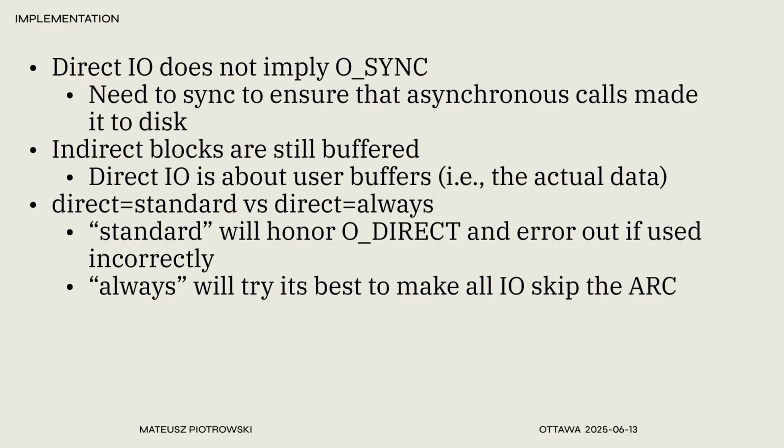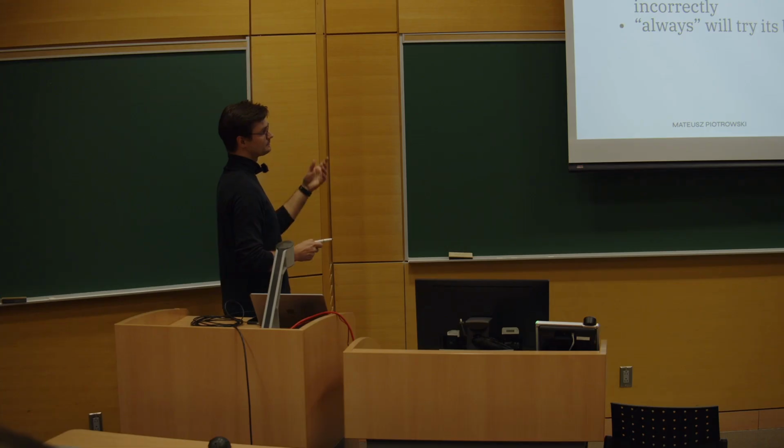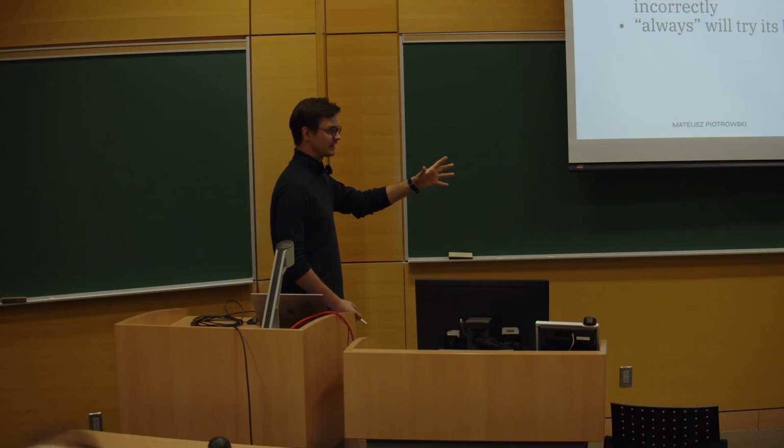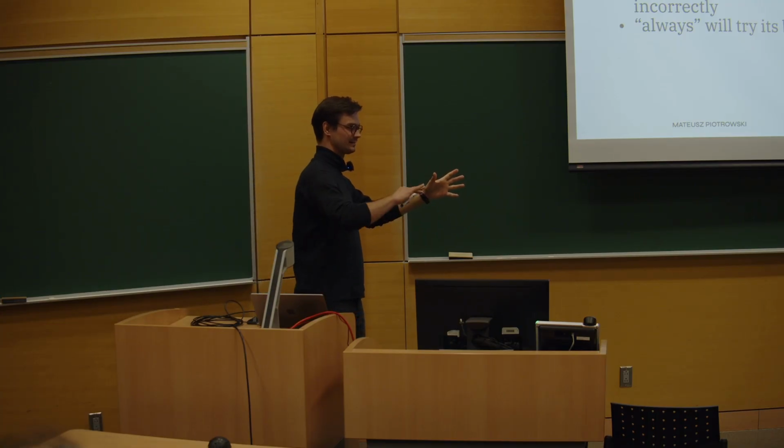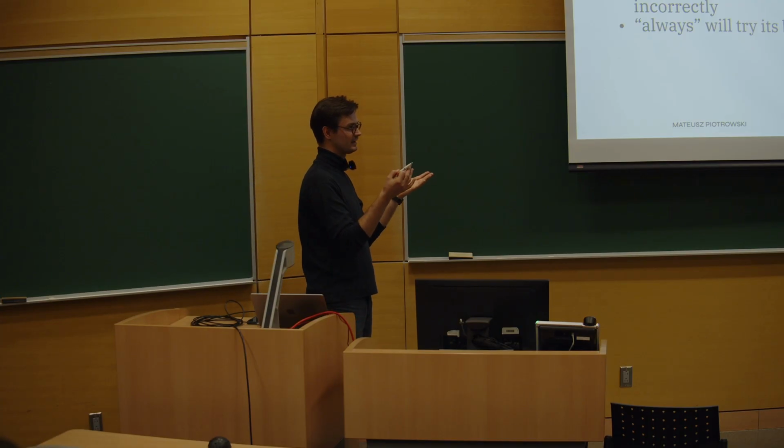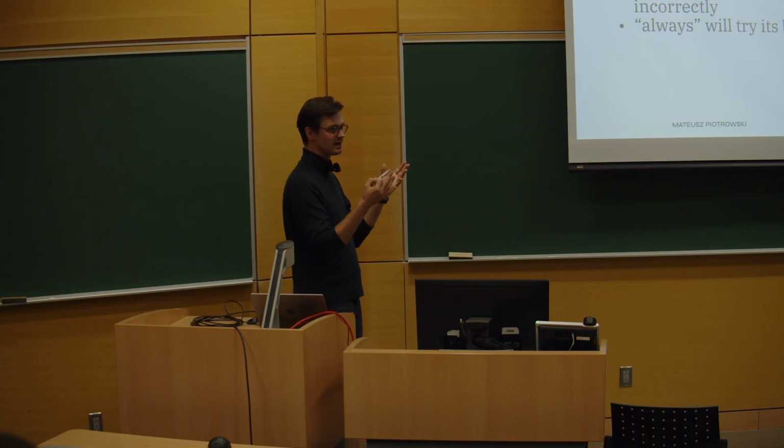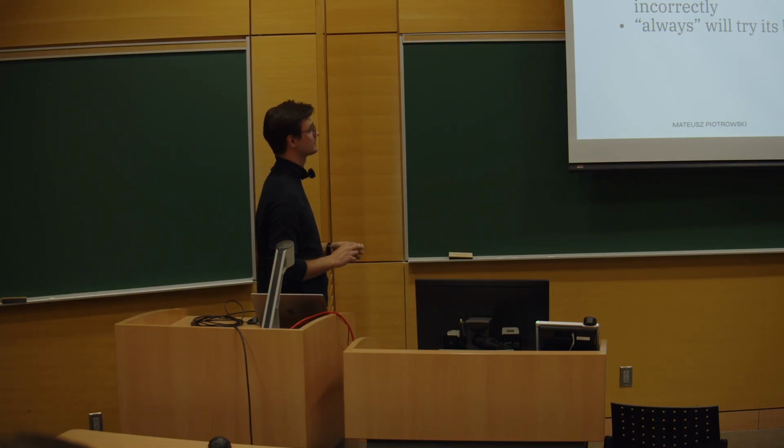So if you have a workload where you are dealing with a lot of metadata, then it's also possible that you won't see any performance gains, which is also something to take into consideration. Direct I/O does not turn off the ARC, right? The ARC is still there and is doing a lot of important things.